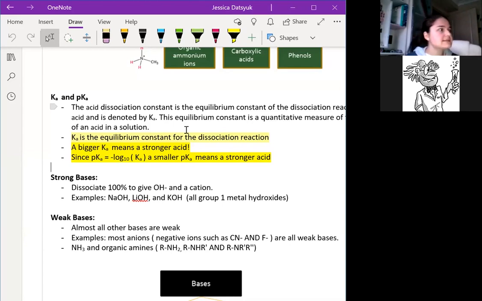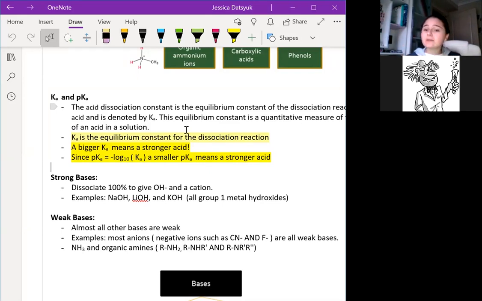What would be an example? Acid plus base gives you salt and water. So let's say HCl and NaOH goes to NaCl and water. That's a straight reaction. Do you agree? Because they're both a strong acid and a strong base. Yep. Some do not go to completion.